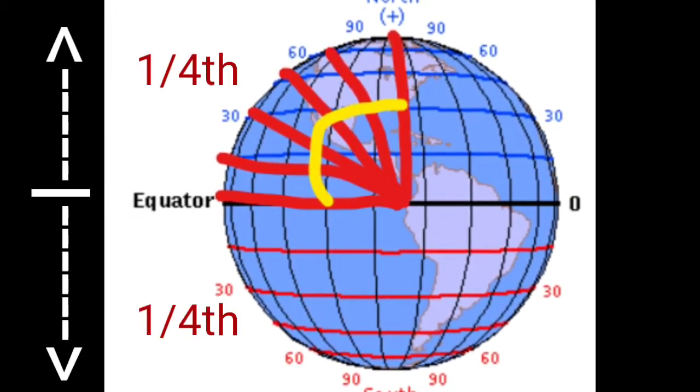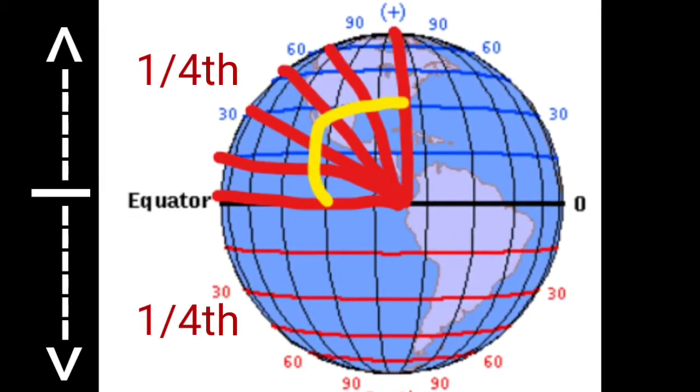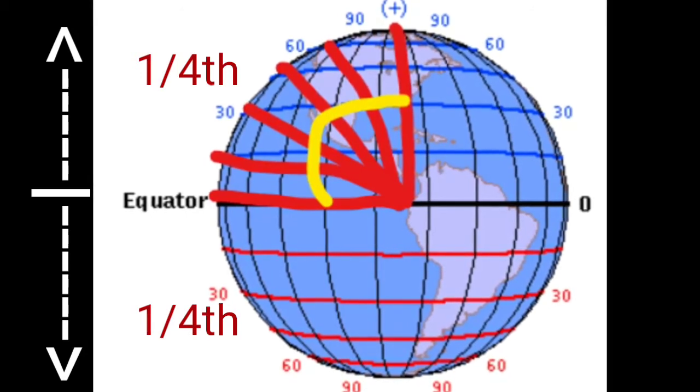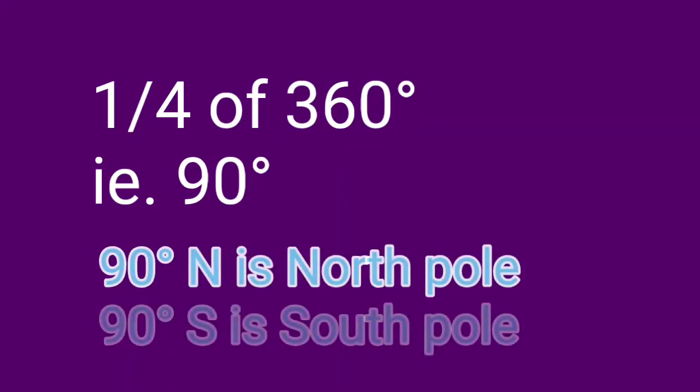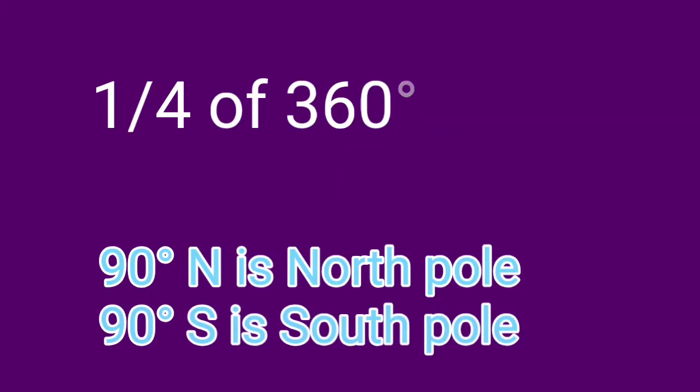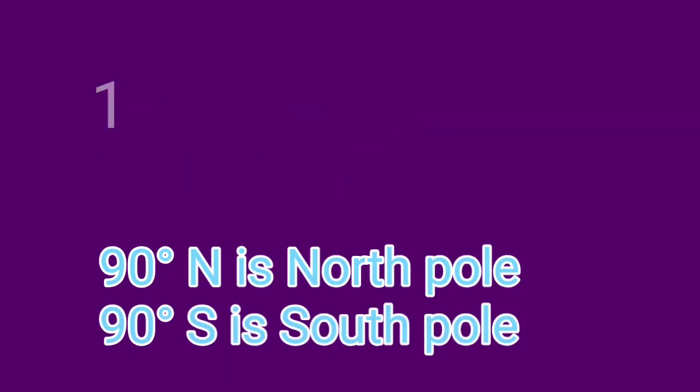Since the distance from the equator to either of the poles is 1/4 of a circle round the Earth, it will measure 1/4 of 360 degrees, that is 90 degrees. Thus 90 degree north latitude marks the North Pole and the 90 degree south latitude marks the South Pole.